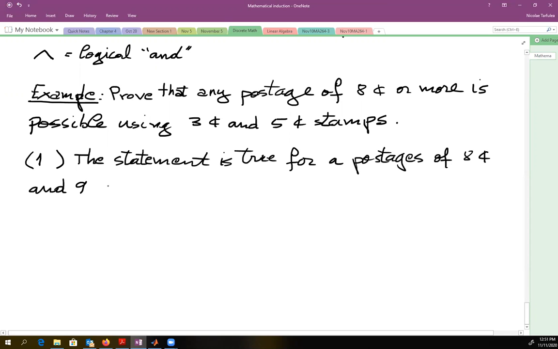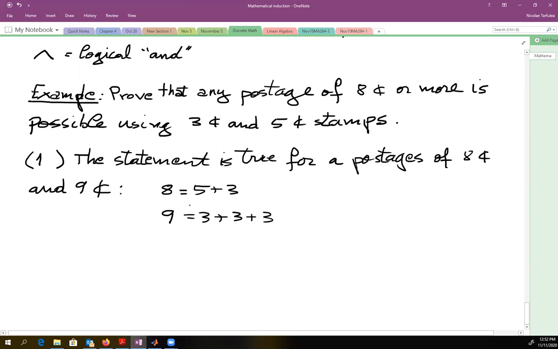Why do we need both? You'll see that immediately. Of course, 8 is 5 plus 3, so you need 2 stamps, one of 5 cents and the other of 3 cents. 9 is 3 plus 3 plus 3. So we can do that. So the basis step works.